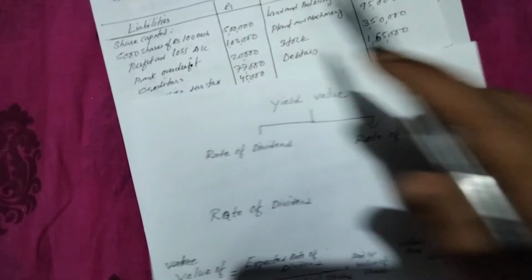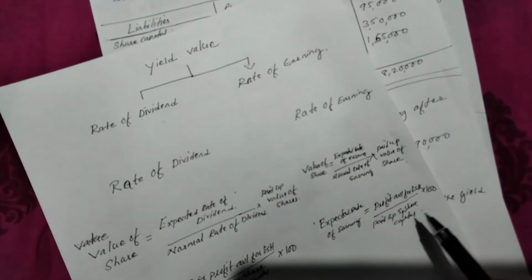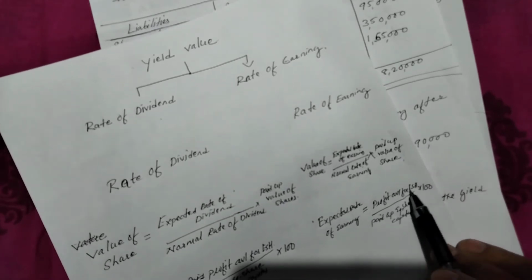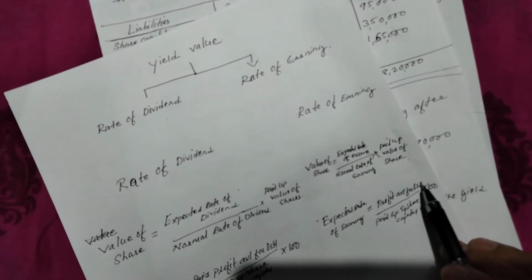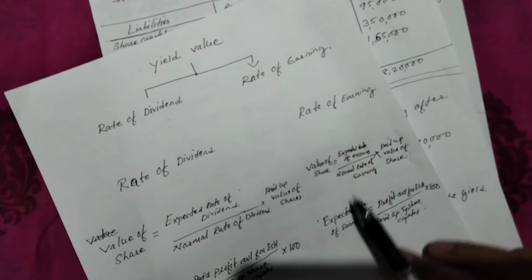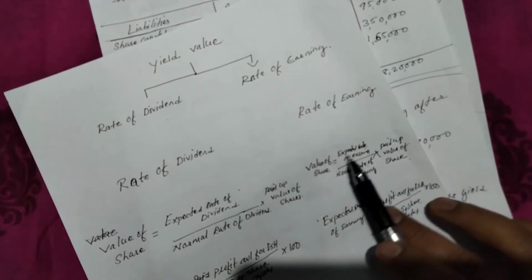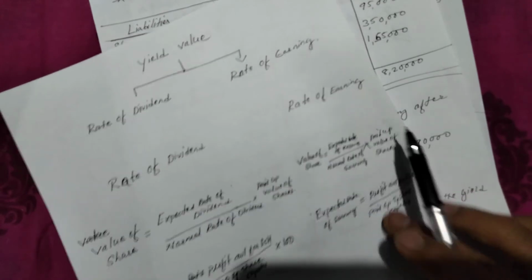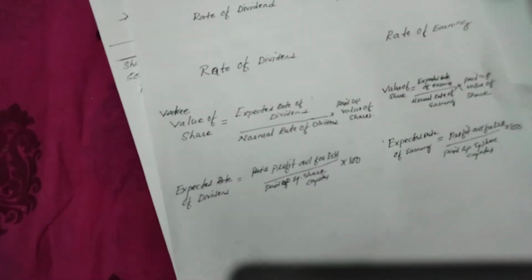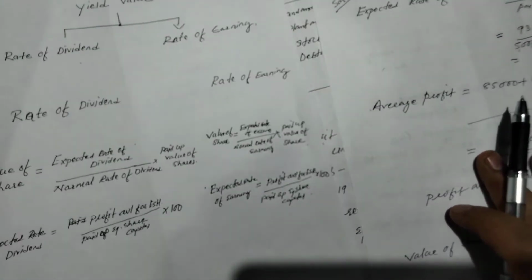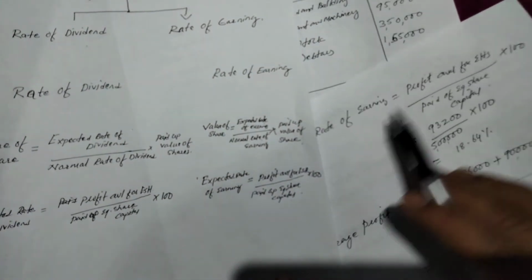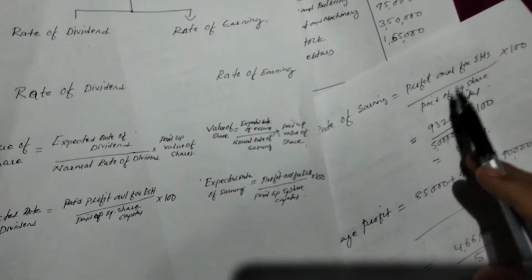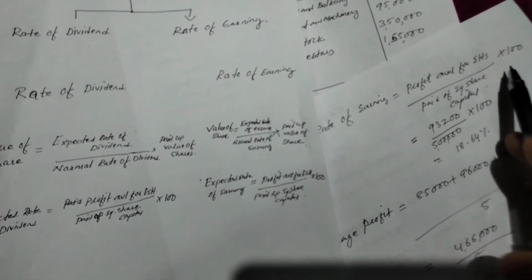Now you need the profit available for equity shareholders. If you find that, you will get the expected rate of earning, and when you put this value you will easily get the value of share. It's very easy. Now let us solve it. Since we require the expected rate of earning, expected rate of earning is equal to profit available for equity shareholders divided by paid up equity share capital into 100.